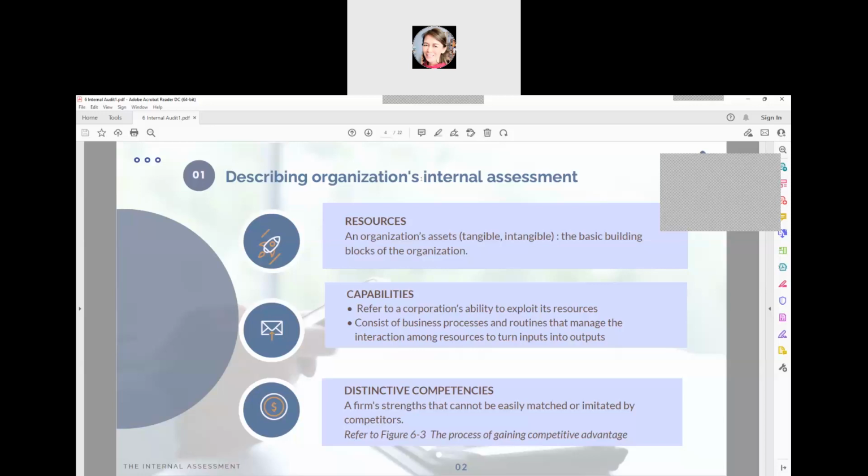So building competitive advantage involves taking advantage of the distinctive competencies, the strengths that cannot be easily matched, that are so unique to the organization. So the right mix of organizational capabilities helps a business to operate effectively.